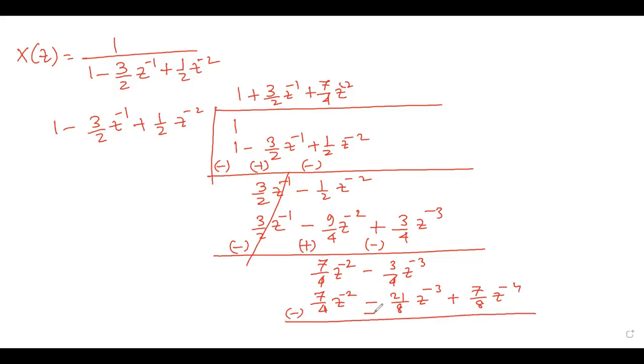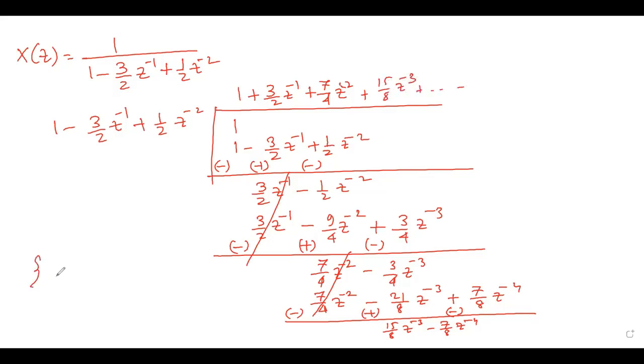Minus plus minus. If you simplify 21 by 8 minus 3 by 4, that will be 15 by 8 z to the power minus 3 minus 7 by 8 z to the power minus 4. So it will be 15 by 8 z to the power minus 4 and so on.